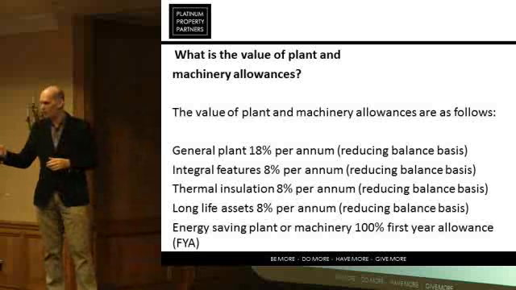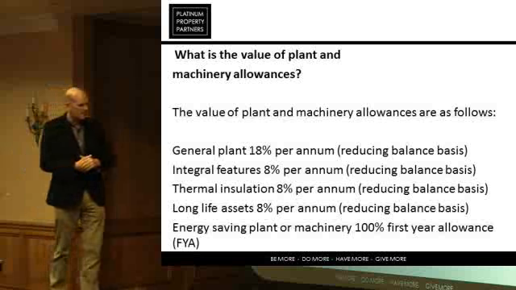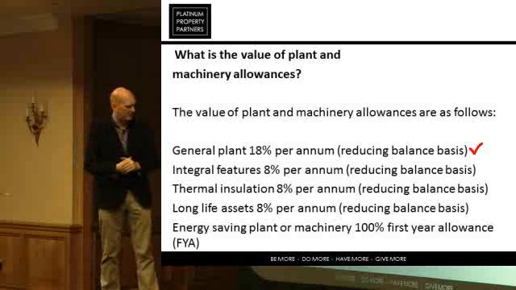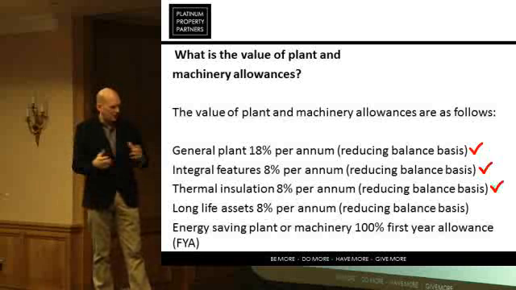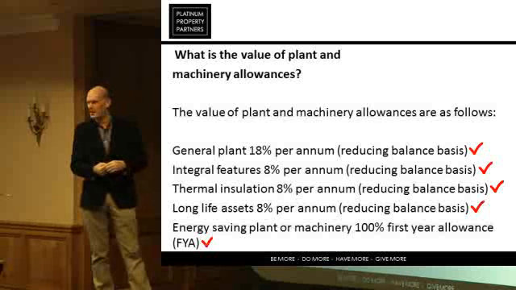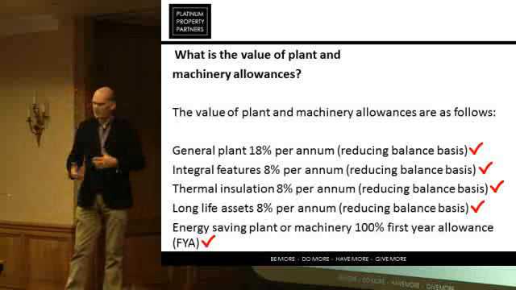Not very clear, I'll grant you, but generally you can claim on general plant 18% per year of the value that is found. Integral features, 8% a year. Thermal insulation, 8%. Long life assets, 8%. But energy saving plant, 100% in year one. And of course, the government are very good at this.